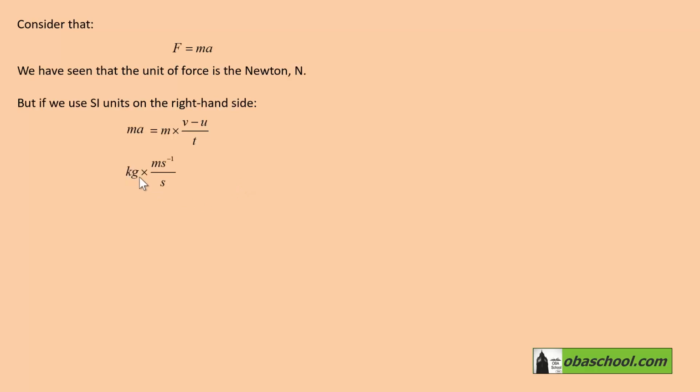So mass is in kilograms, the speed would be in meters per second, and then we divide by seconds, which gives us kilogram meters per second squared.